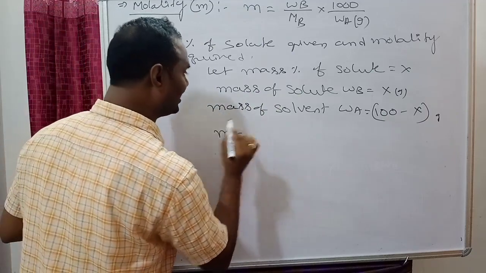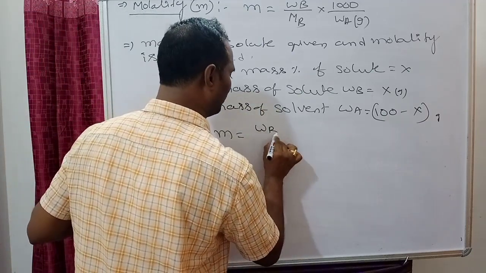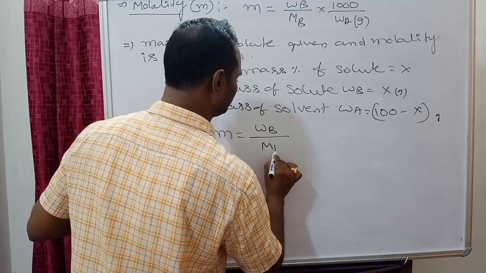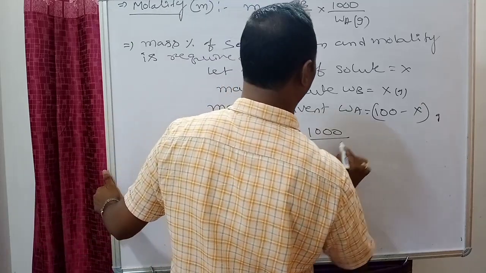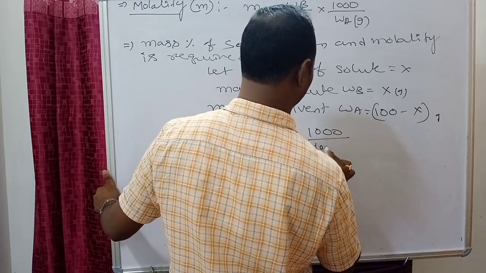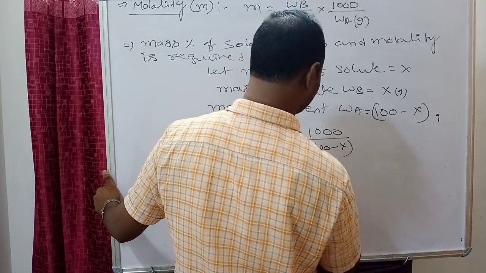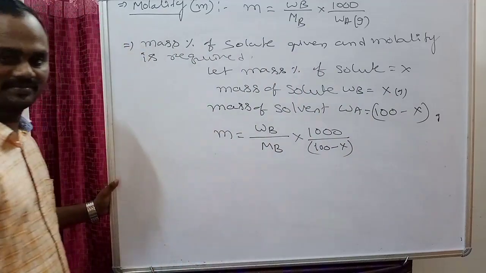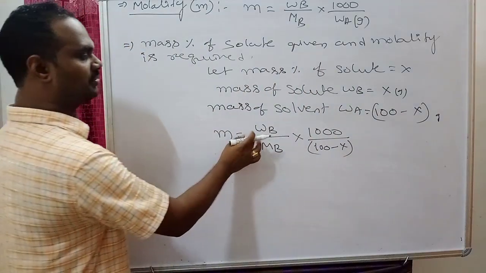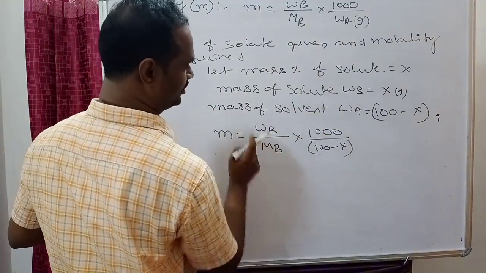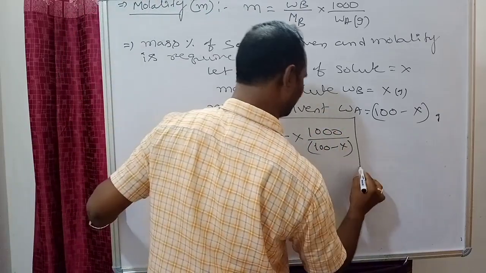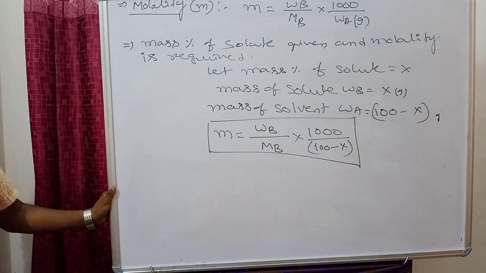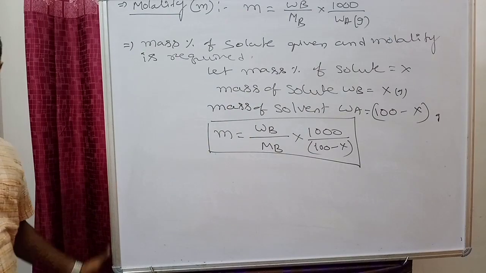Therefore, molality is equal to WB by MB into 1000 by 100 minus X. Here WB is already X, that value is substituted, and 100 minus X is substituted here. This will give the molality of the solution.